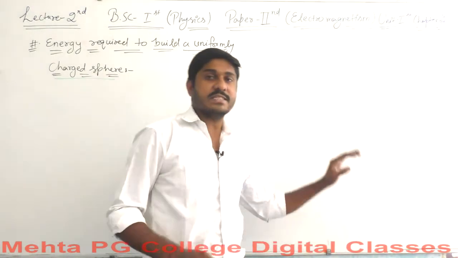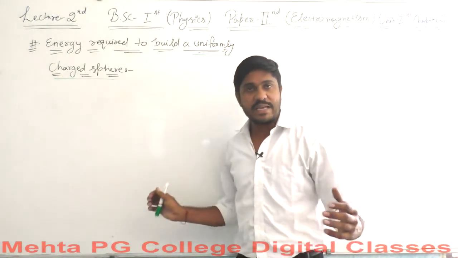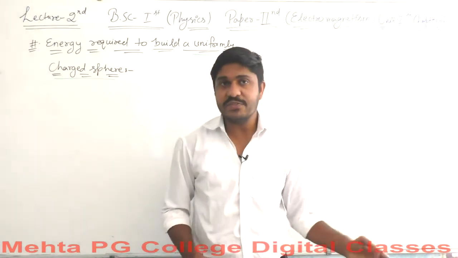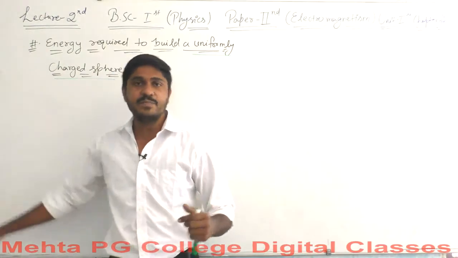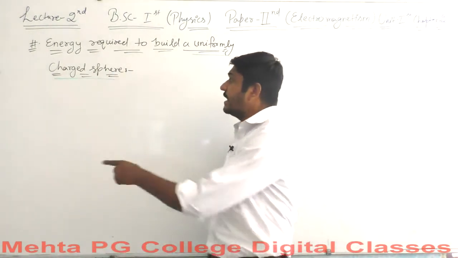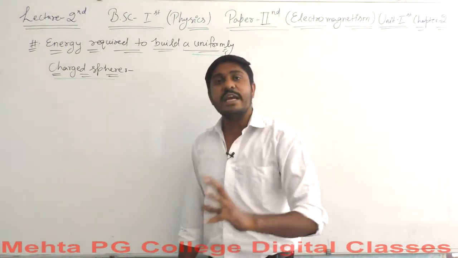For example, you can consider this board as a conducting surface, then when the potential is applied on one end of this board, the charge will be separated continuously and uniformly.